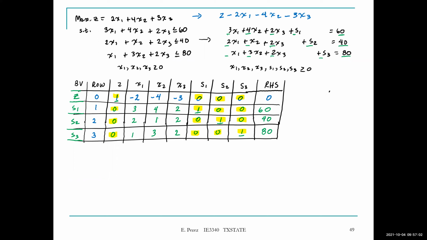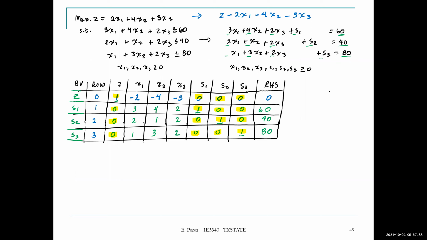If we make them equal to 0, we can solve easily for s1, s2, and s3. Mechanically, the easiest way to find an initial solution is to set up your identity matrix using the slacks. We have 3 slacks, and those give us that initial identity matrix really fast, because the coefficients are 0s and 1s for those slacks.